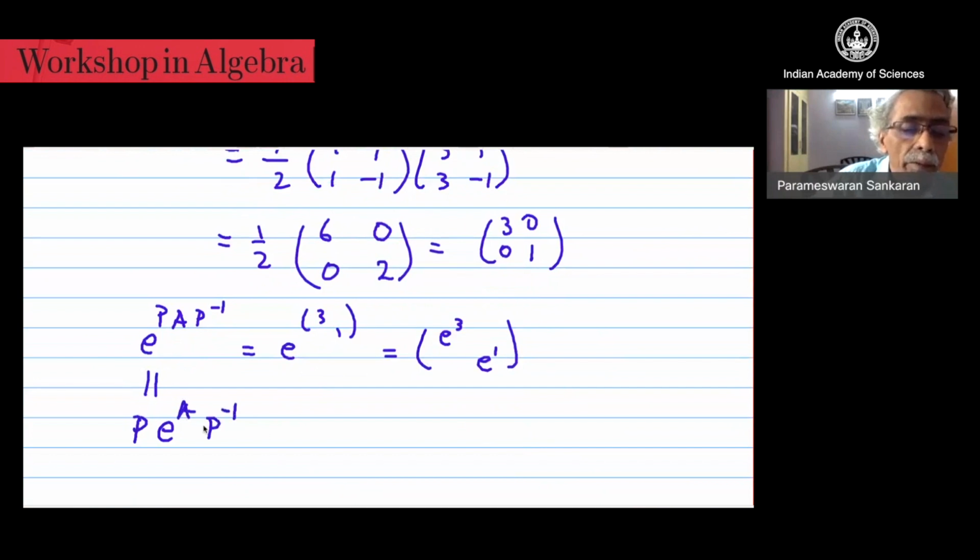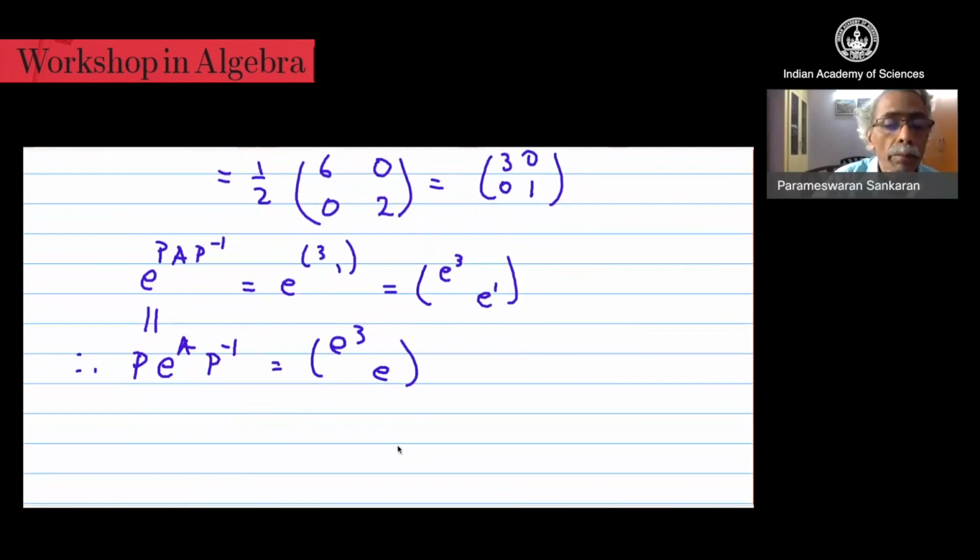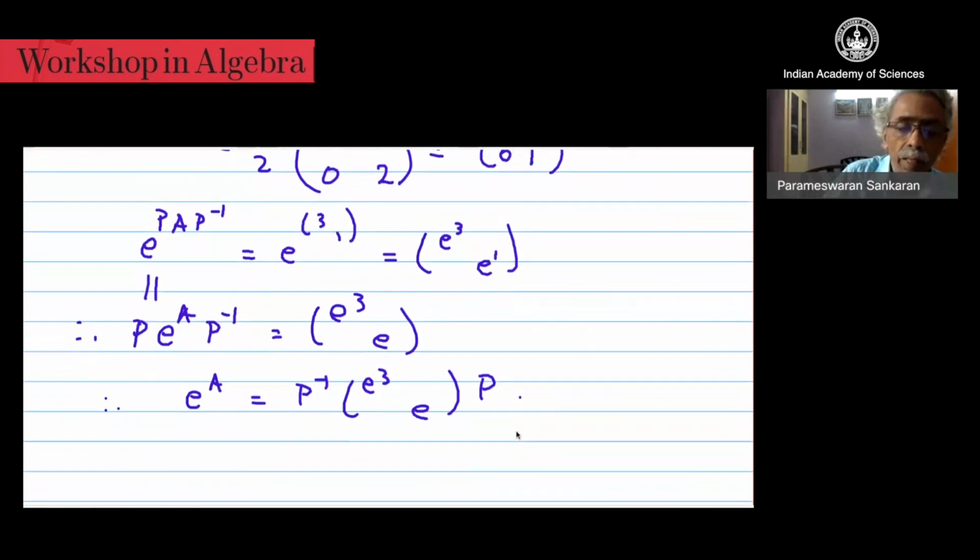So let me write here, therefore this is equal to diag(e cube, e). So what is e power A? Therefore e power A is equal to P inverse times diag(e cube, e) times P. And this is a simple enough calculation.